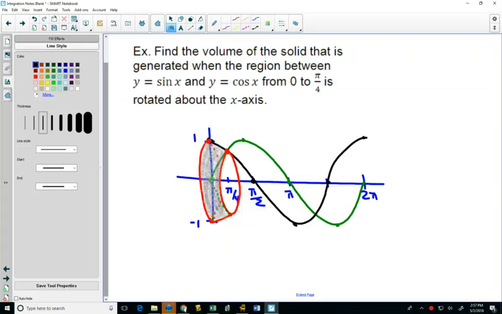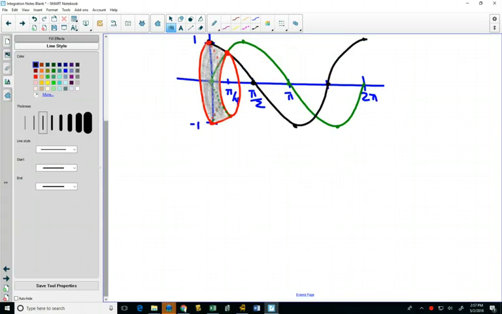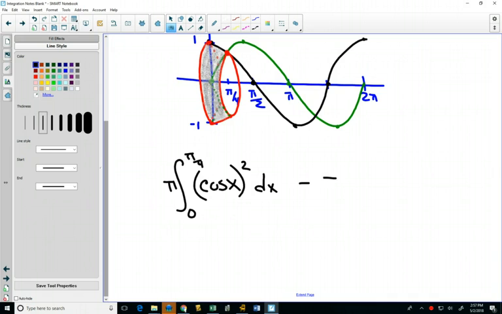Would you agree that we need to find from 0 to pi over 4 the volume of the upper function, which has a radius of cos? So you forgot the pi over 4. Thank you. That would be the area of our upper function. And then we're going to need to subtract from 0 to pi over 4 of our bottom function.